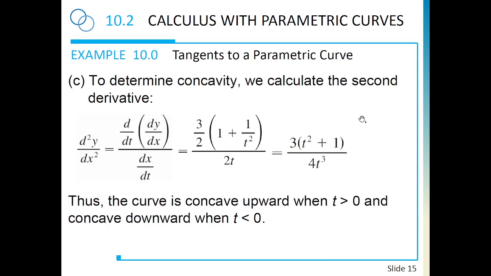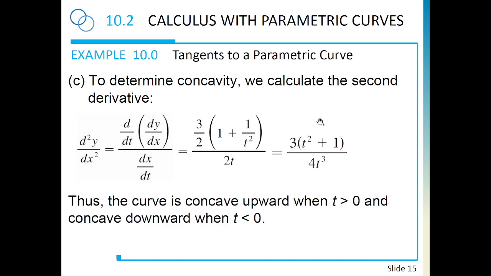Now for the concavity we need to compute the second derivative, which means we need to use the formula where we take our first derivative, differentiate with respect to time, and then divide by dx/dt. dx/dt was also computed already. So once the computation is done, we have this expression here. So now we need to see the sign of the second derivative.